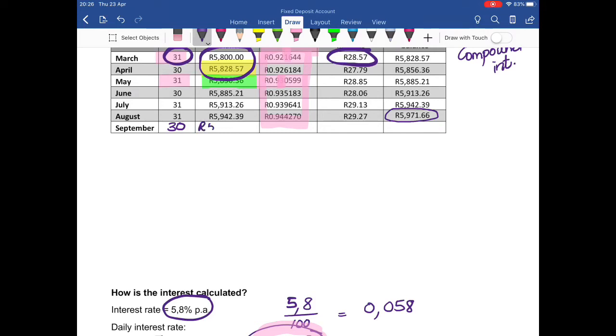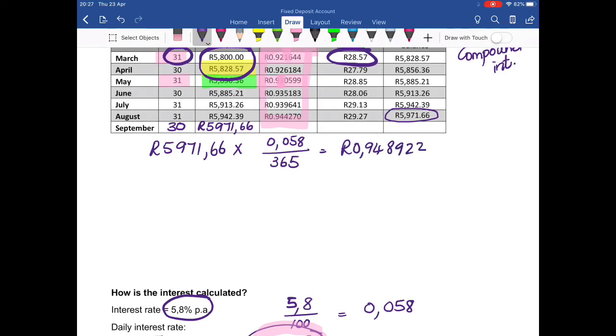So in this block, I will have 5,971 Rand and 66 cents. I am going to take the 5,971.66 and multiply it by 0.058 over 365, and I will get a value of 0.948922, which will fit into this block.